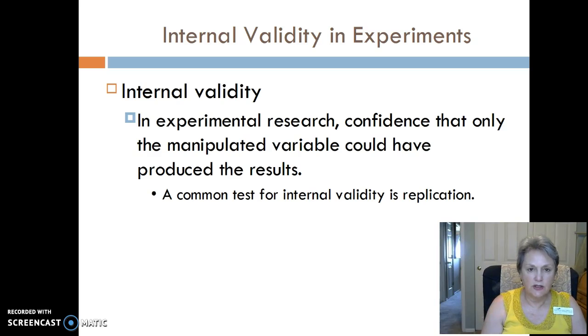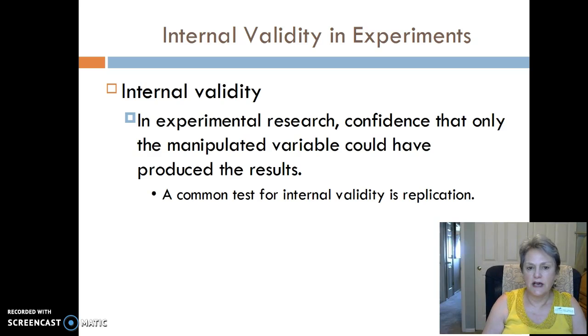So as well as external validity, another important concept when we're talking about research and experiments is internal validity. Internal validity represents the confidence that the variable that we manipulated, the treatment, could have produced the results, and that nothing else, no extraneous variables that we didn't think of before, caused the results.